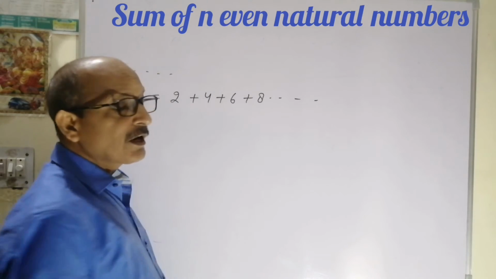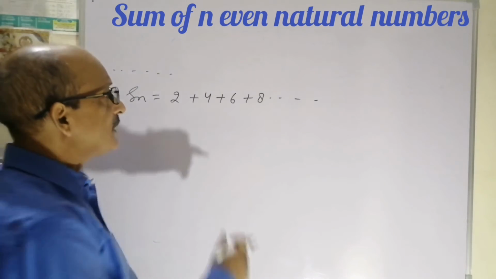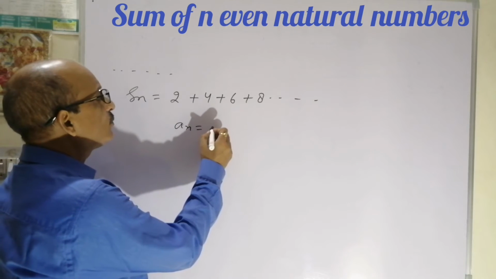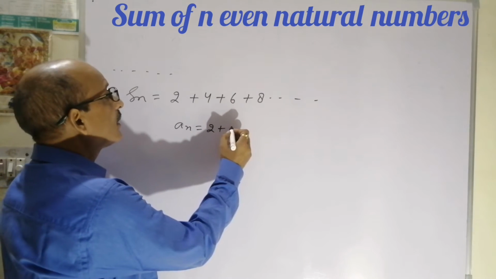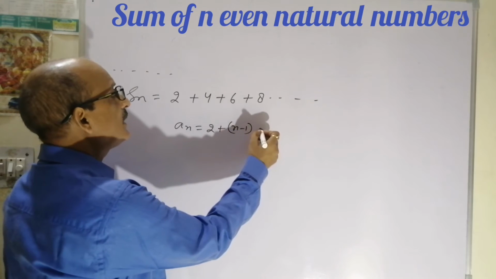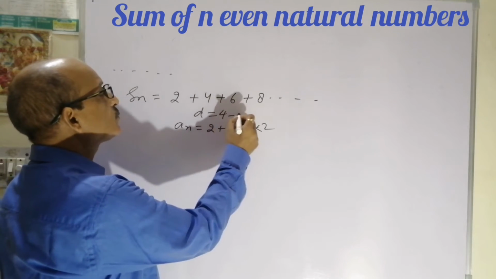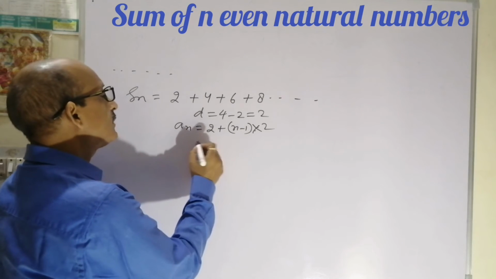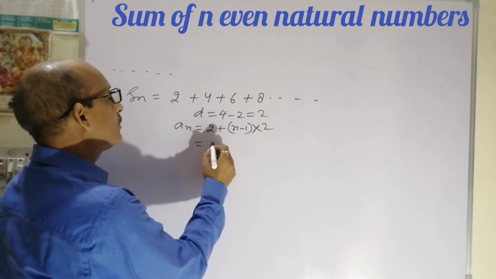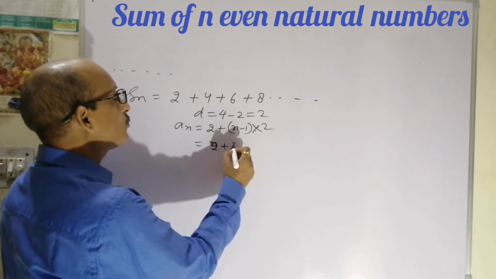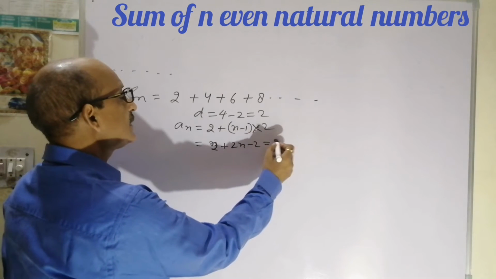How many numbers are required? n numbers. So first of all we have to find its nth term. an will be equal to a plus n minus 1 into d. What is d? d is 4 minus 2, that is 2. So it is 2 plus 2n minus 2, that is 2n.